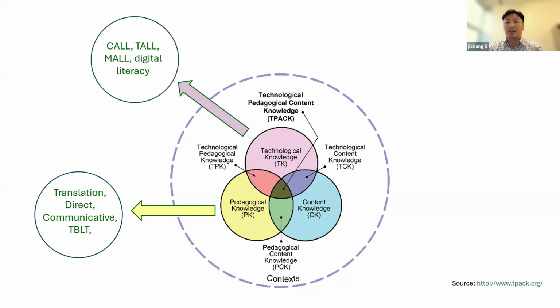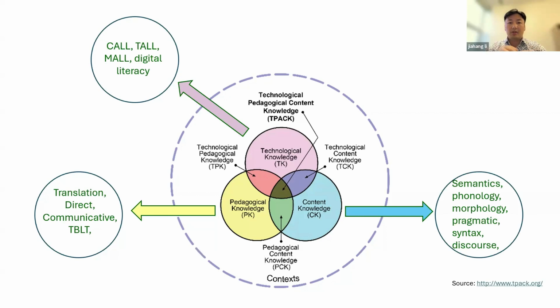When we talk about technological knowledge, we're talking a lot about the digital tools and resources. In the field right now, there's computer-assisted language learning, technology-assisted language learning, or mobile-assisted language learning. There are a lot of different focus areas doing research on different technology tools. And we also talk about content knowledge, where it's all language.